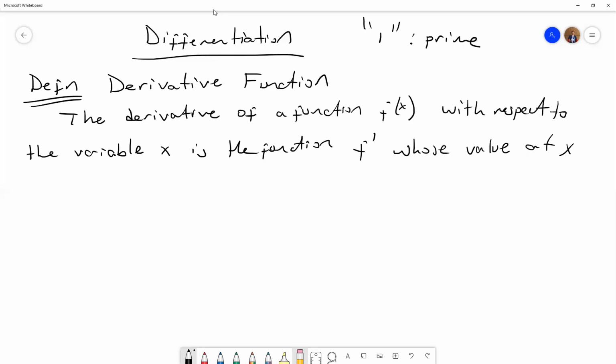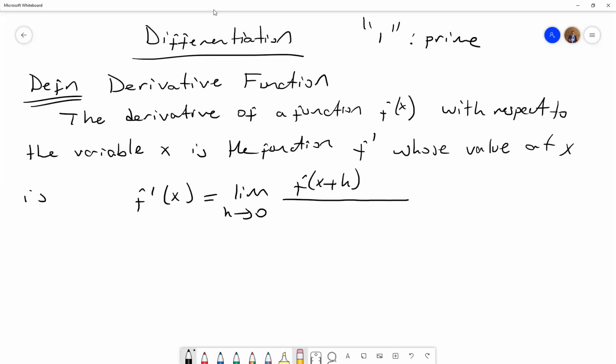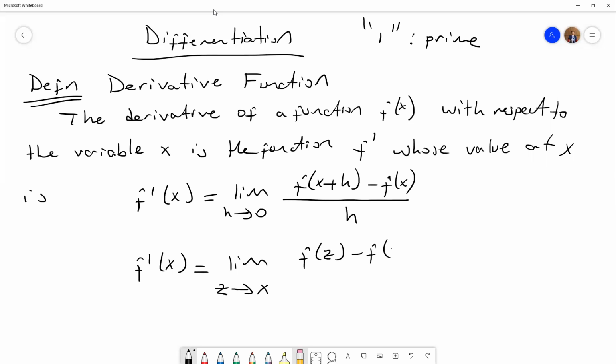at x is, we can write the formula like that: f prime x is equal to limit h goes to 0 of f(x plus h) minus f(x) over h. And also we can use like that: f prime x is equal to limit z goes to x of f(z) minus f(x) over z minus x.